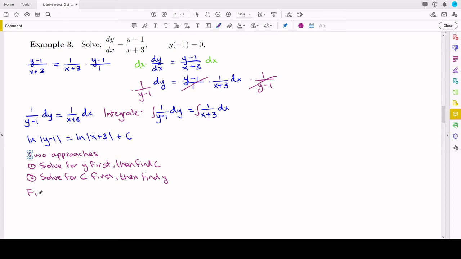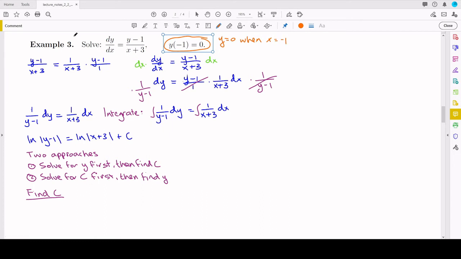So we're going to find c first. Note that the initial condition y of negative 1 equals 0 means that y equals 0 when x equals negative 1.